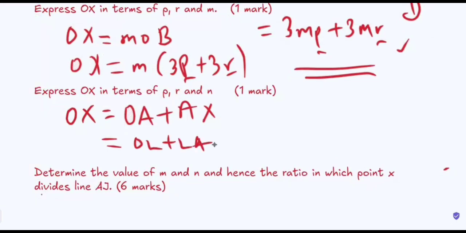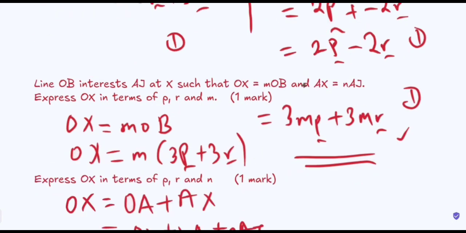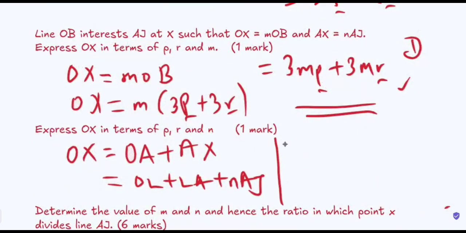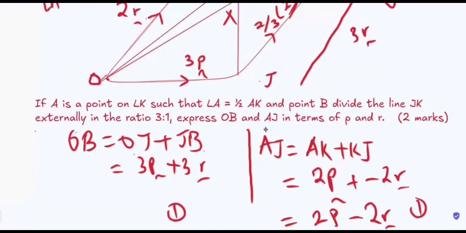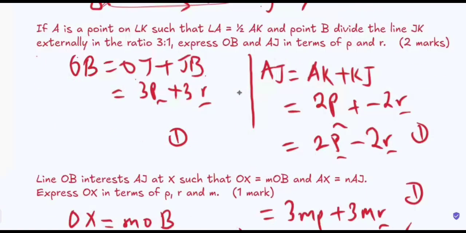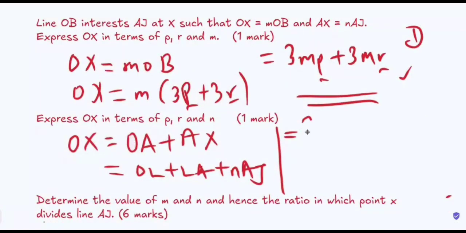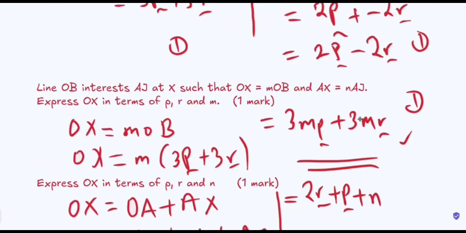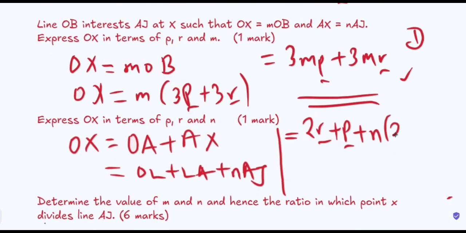Sawa mpaka hapa. So na AX yetu tunajua ni n AJ. Nadhani tulipewa hapa, si tulipewa AX equal to n AJ. So OL that's LA. OL ni 2r, LA ni tulipata ni p, so ni 2r plus p plus n AJ which is n times AJ yetu, AJ tulipata ni n times 2p minus 2r.